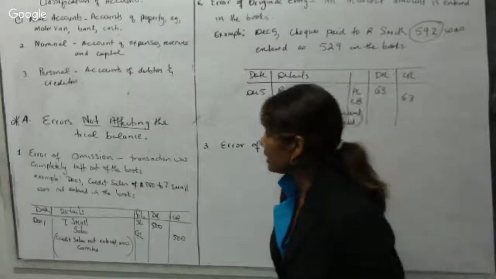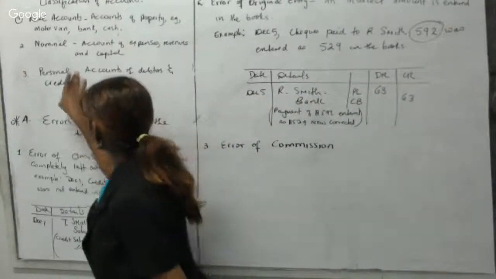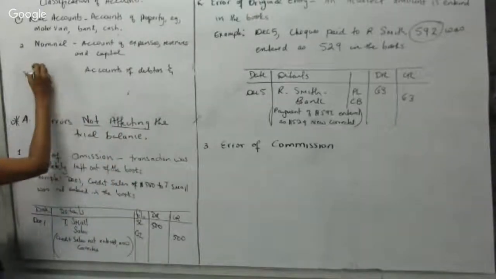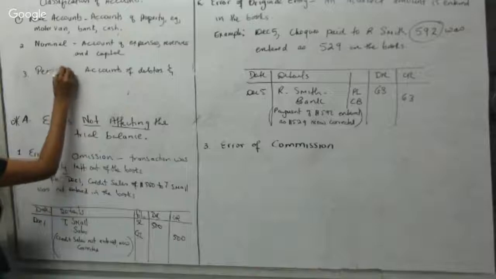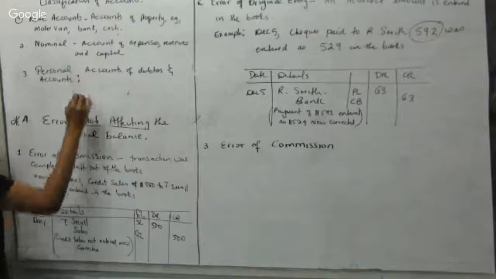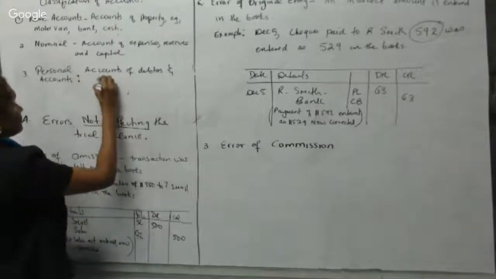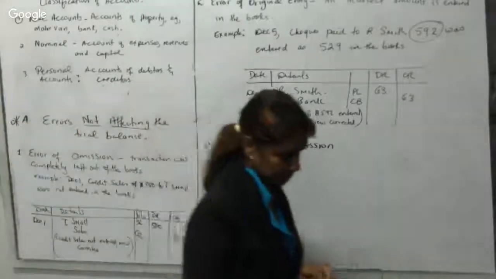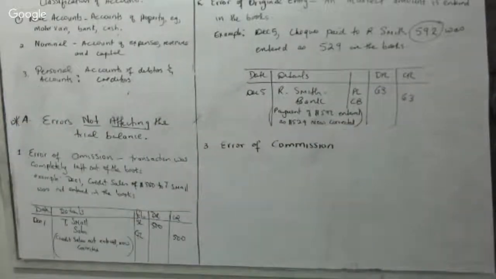Your personal accounts are accounts of your debtors and creditors, the names of people and organizations that you owe or that owe you.